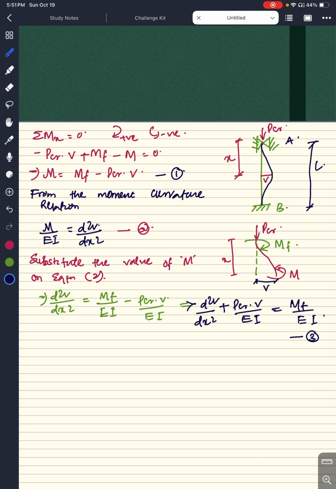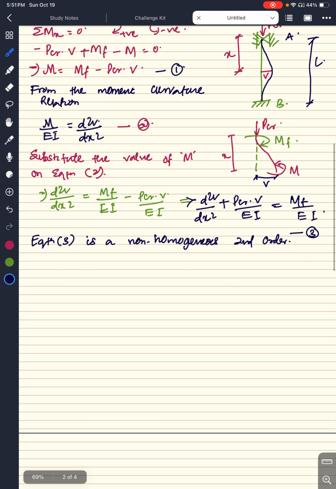Now this equation 3 is a non-homogeneous second order equation, right? Non-homogeneous, because the right hand side of equation 3 is not equal to 0.